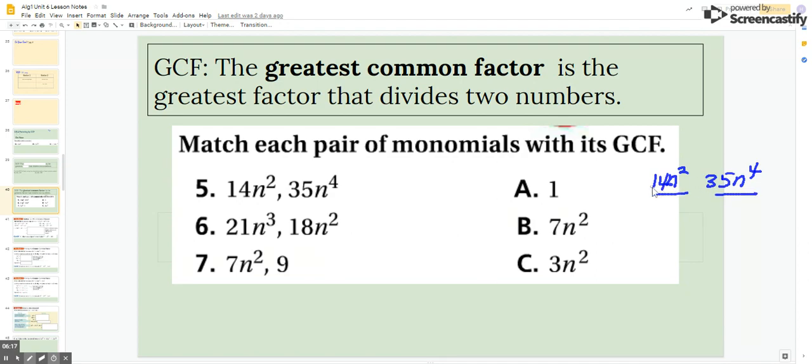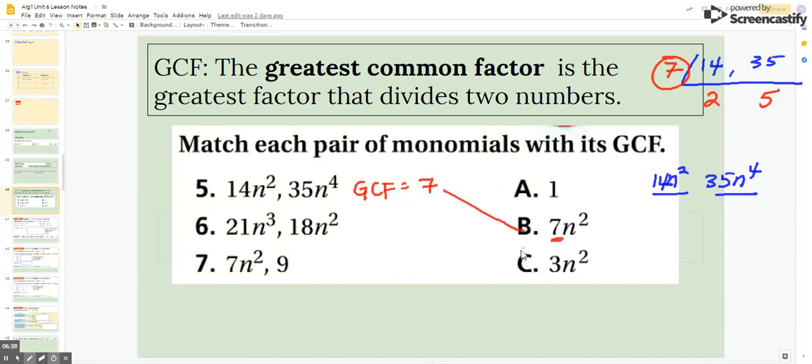What is a common factor between 14 and 35? Both are multiples of 7. 7 times 5 is 35. So we know that 7 is going to be part of the greatest common factor. We already found 7, right? So it's going to be B.